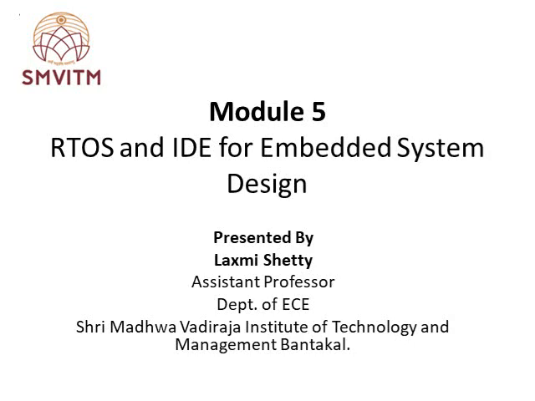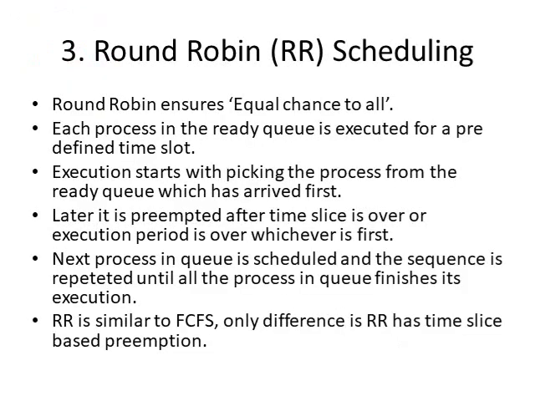So let us see what is round robin, and we'll also see an example of the round robin scheduling technique. Round robin scheduling basically ensures that an equal chance is given to all the processes that are present in the ready queue. Since we are talking about preemptive scheduling, here the preemption is based on a predefined time slot.